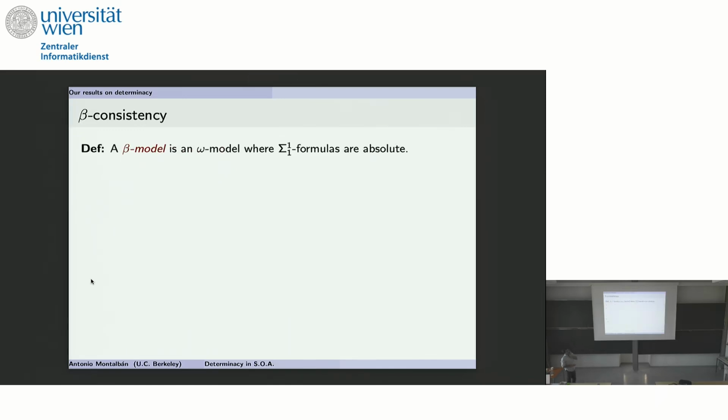Using beta models is the right place to look at the strengths of determinacy statements. A beta model is a model for some fragment of second order arithmetic where the natural numbers are the real ω and Σ^1_1 formulas are absolute over the actual reals. So a Σ^1_1 formula true in the beta model is true in the real world.